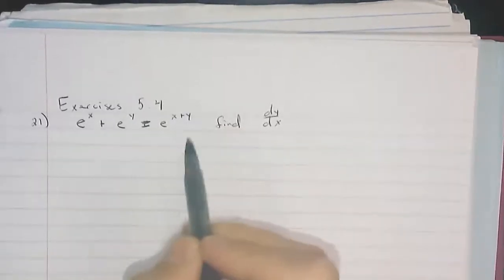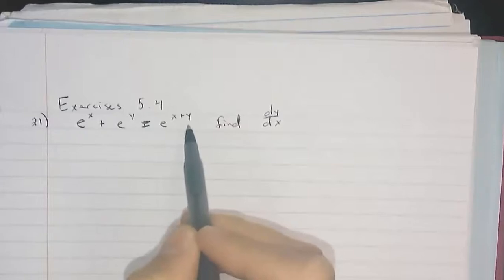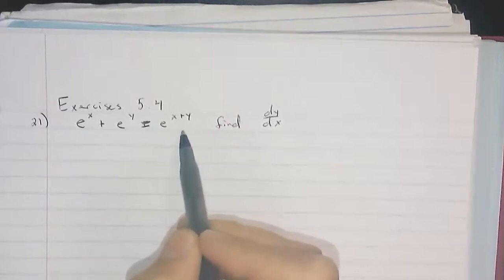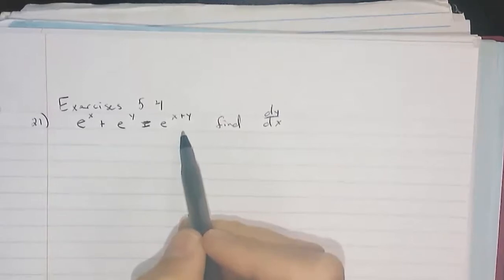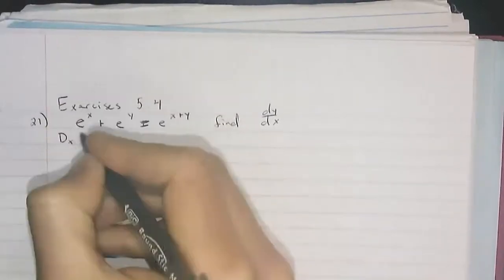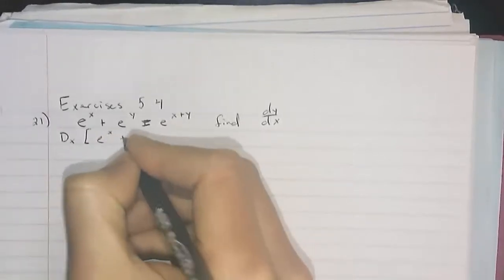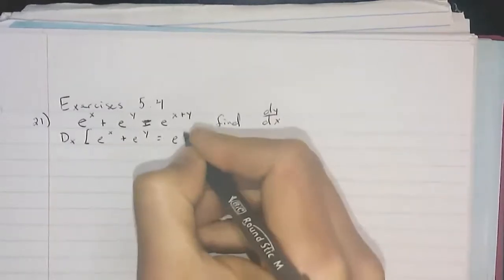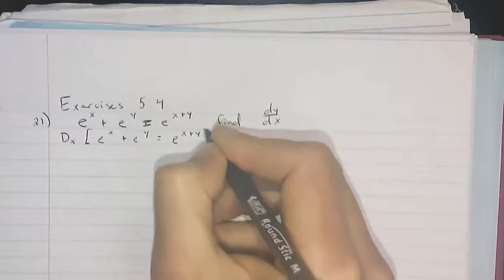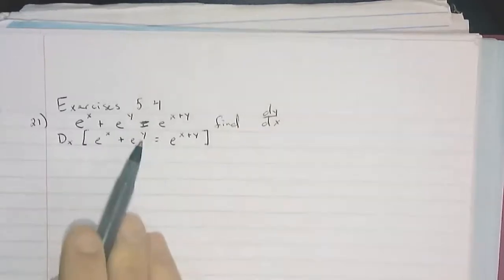There might be some funkiness that we have to deal with on the right side, maybe turning that into a product, but I'm going to forge straight through and just see if it works doing it without that. So in other words, we're going to take our derivative with respect to x and differentiate everything with respect to x, understanding that y itself is a function of x. And so that's where our dy/dx is going to come from.